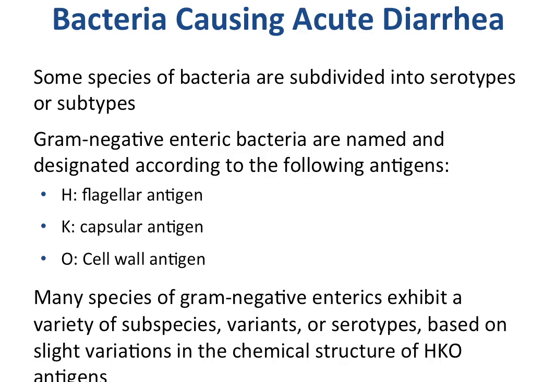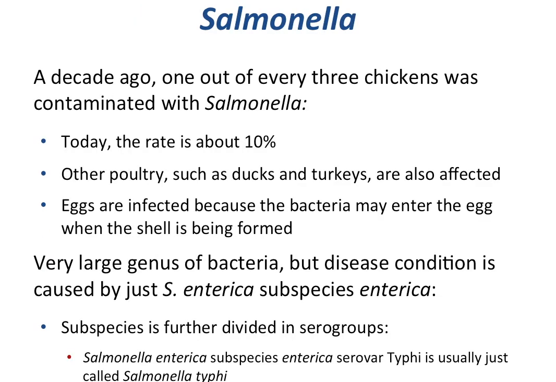So we can use those antigens to classify those bacteria. Many bacteria also exhibit a variety of substances, so we can use that to classify them as well. First, let's talk about Salmonella.